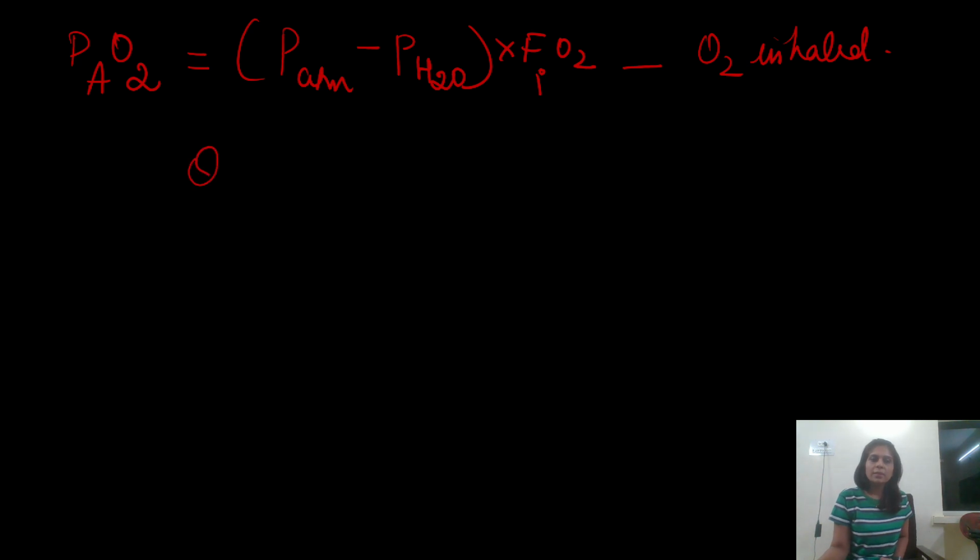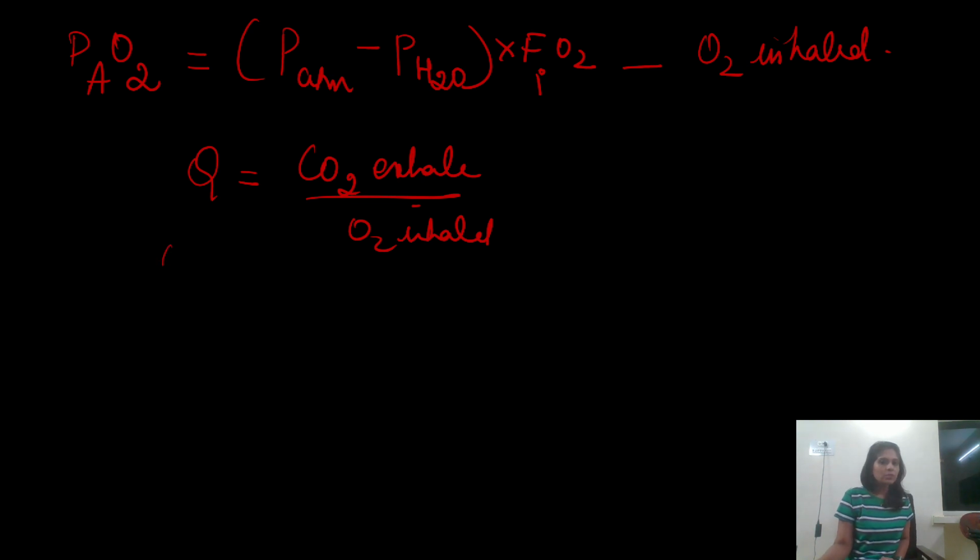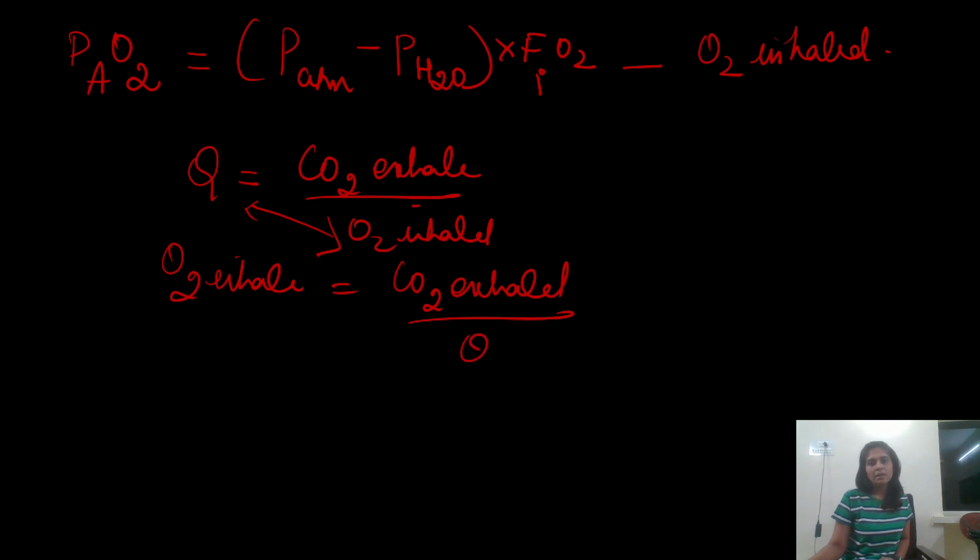Now, what is respiratory quotient? I said respiratory quotient is equal to carbon dioxide exhaled by oxygen inhaled. So what is oxygen inhaled equal to? Just cross multiply. Oxygen inhaled is equal to carbon dioxide exhaled by respiratory quotient. So I'm going to substitute oxygen inhaled with carbon dioxide exhaled by respiratory quotient.